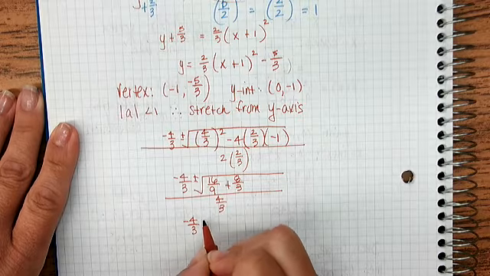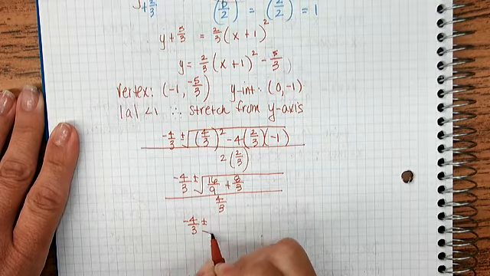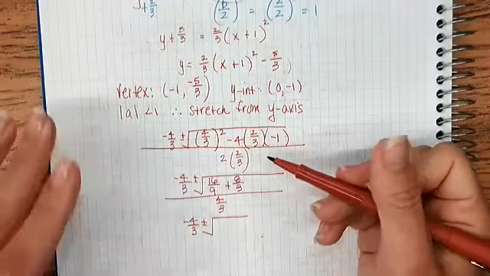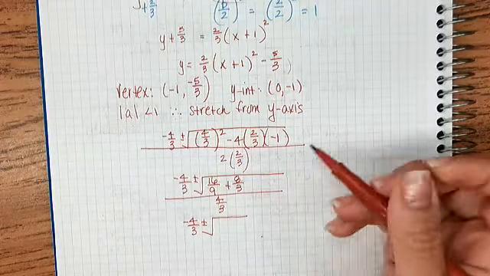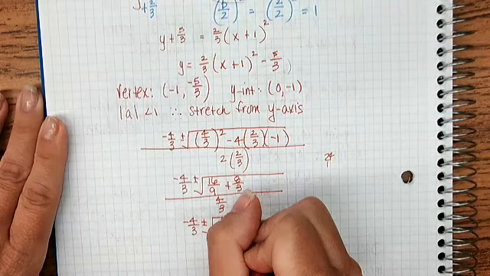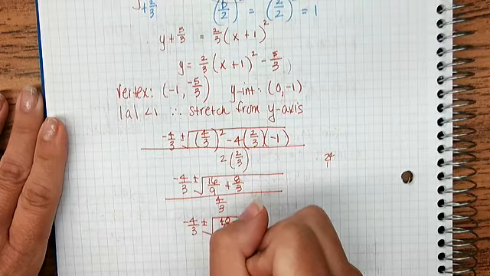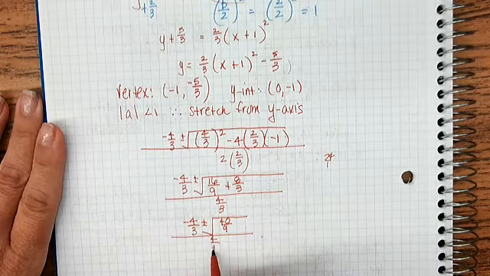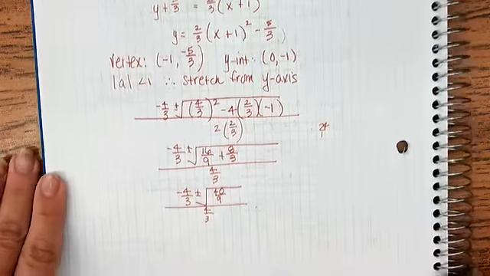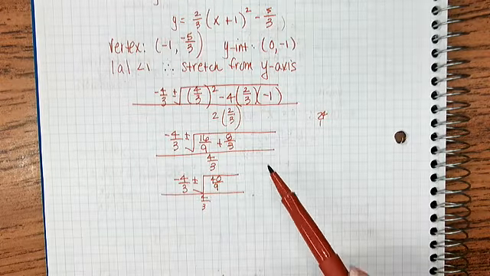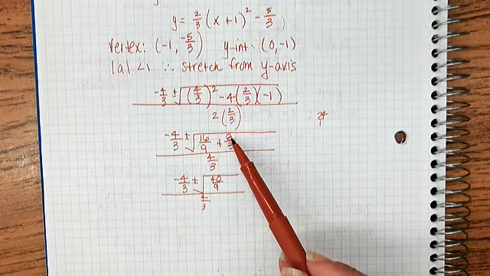Okay, -4/3 plus or minus the square root of 16 nines, that's times 3, 24 plus 16, 40, I think. 16/9 plus 8/3, I believe, is 40/9.